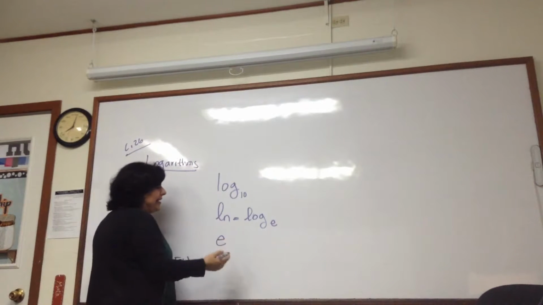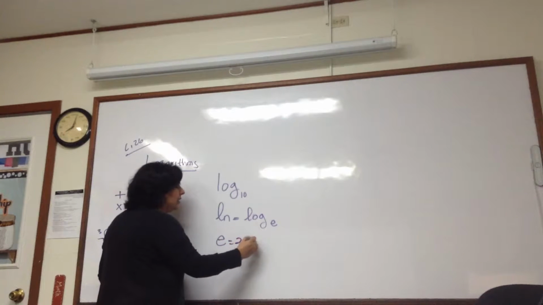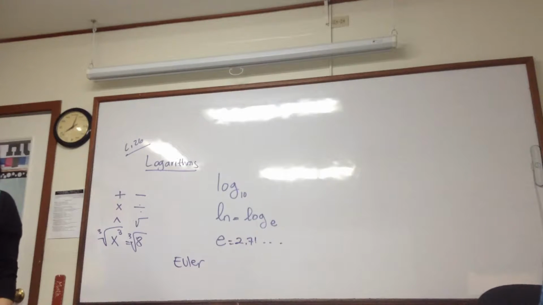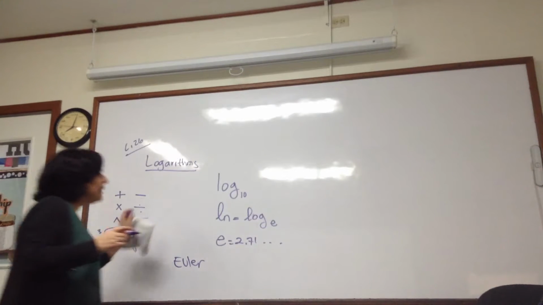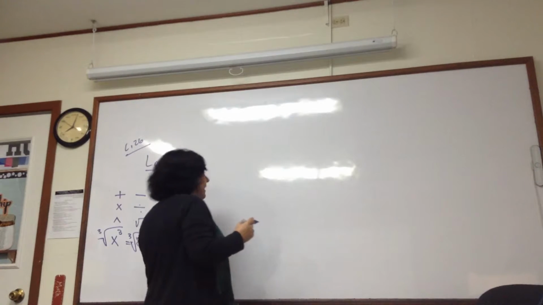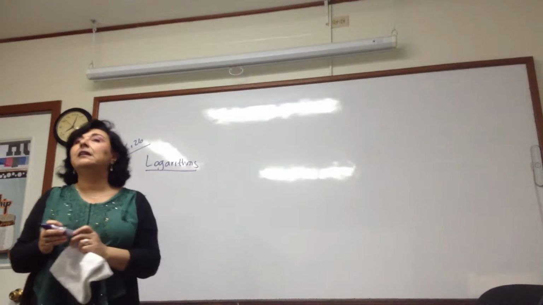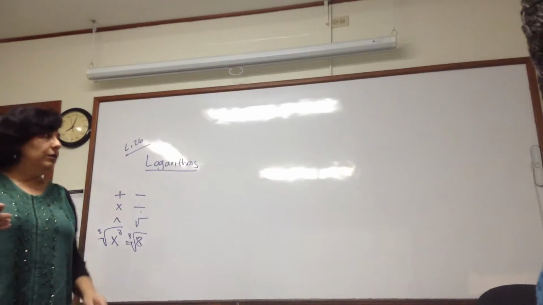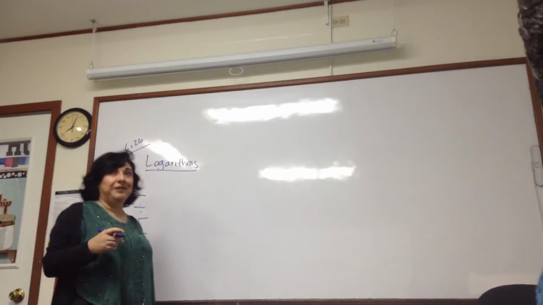So it's a base, and it's 2.71 something. It's an irrational number, just like pi, and it's new. So know that it exists. Do we say log or logarithm? Logarithm. You don't say log because it's not a log.